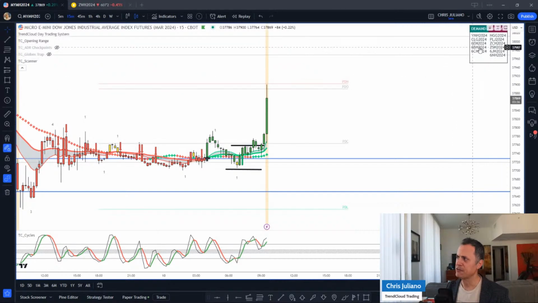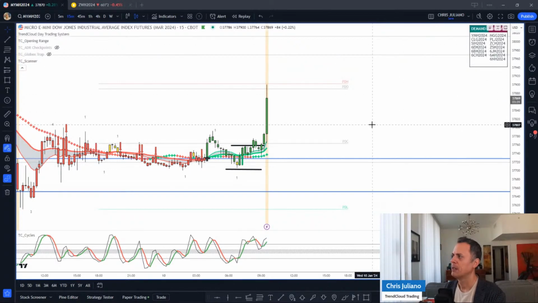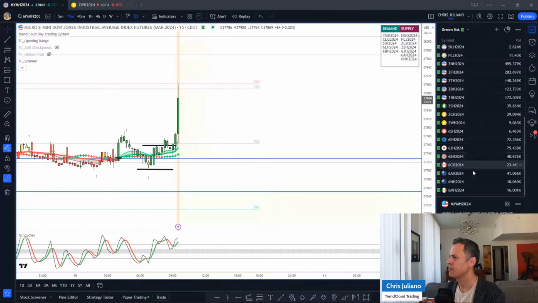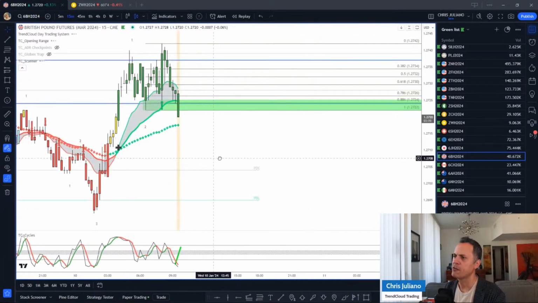Look at how market sentiment's starting to shift, right? A lot of shifting going on. Let's see here. Let's jump back over to the British pound. Where's this thing heading?